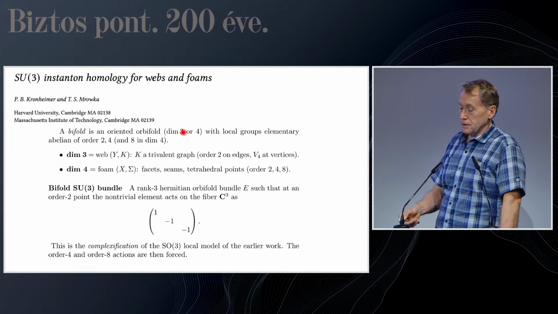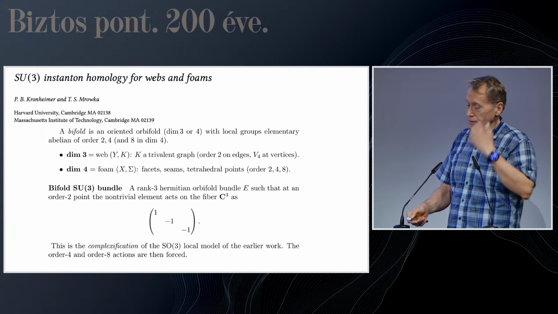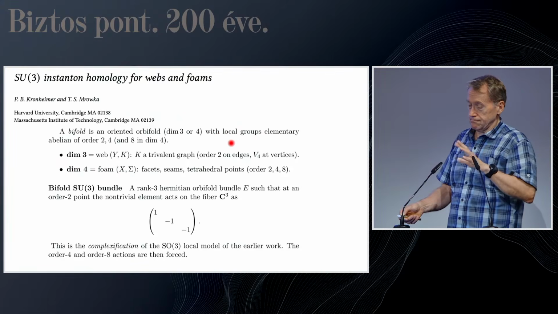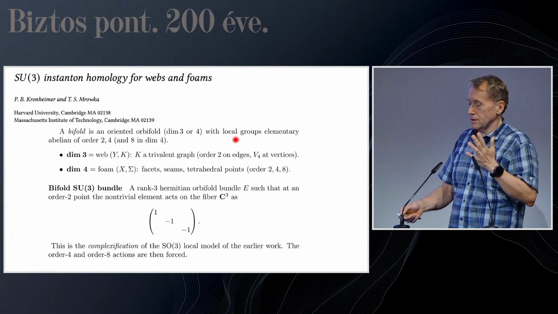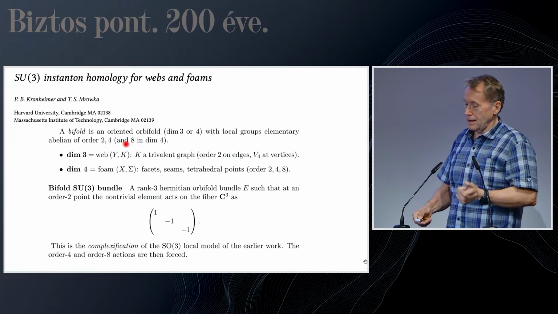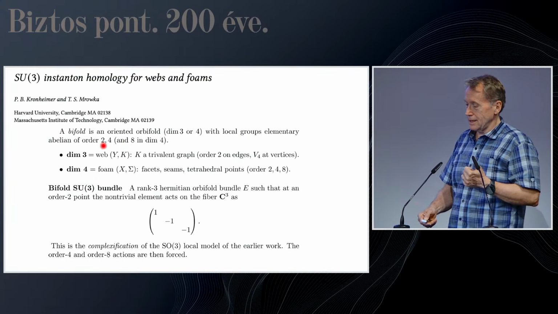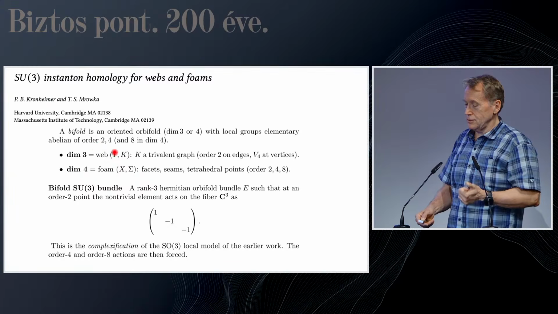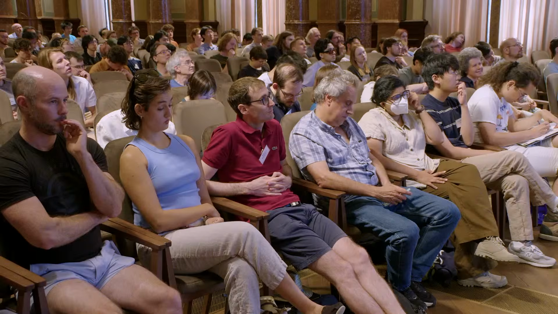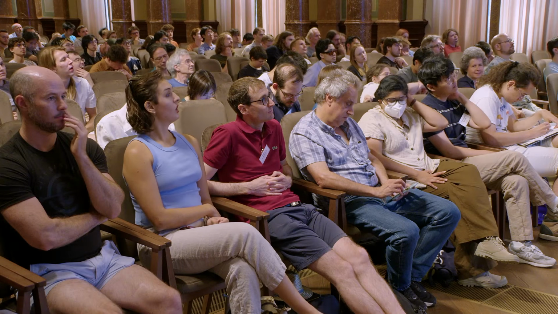The point being that a bifold in our terminology is an orbifold where, if the group at a point is non-trivial, then it's either Z2 times Z2, that's in dimension 3, and in dimension 4 it can also be Z2 cubed.